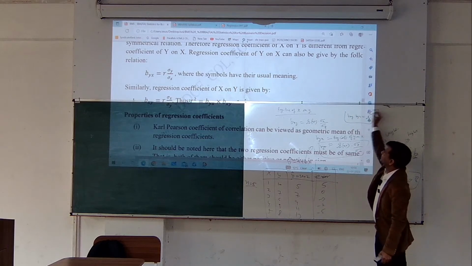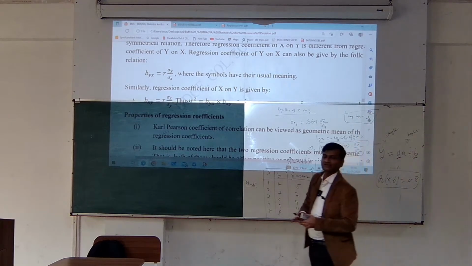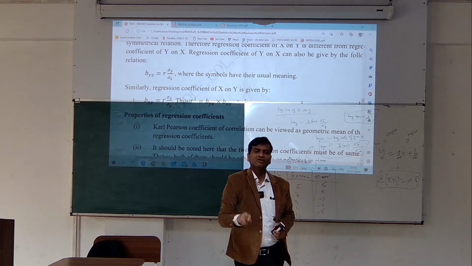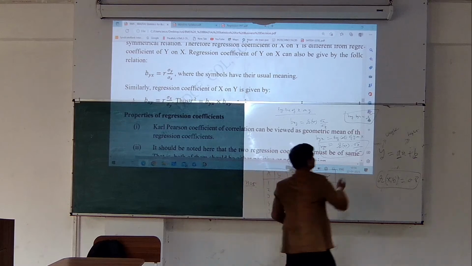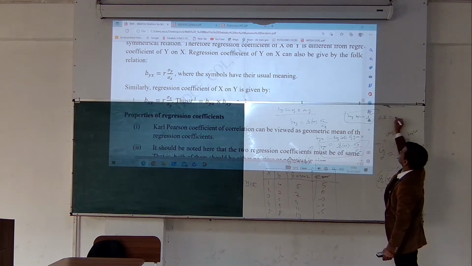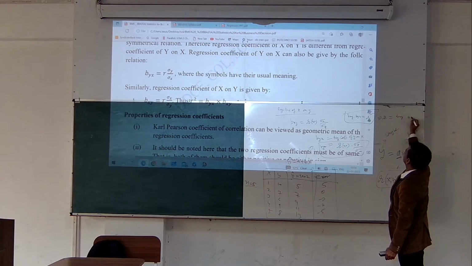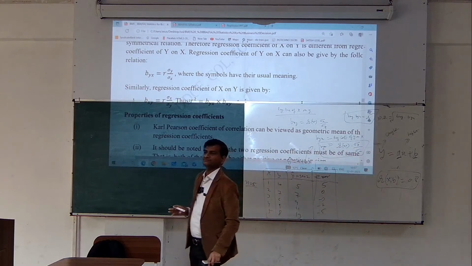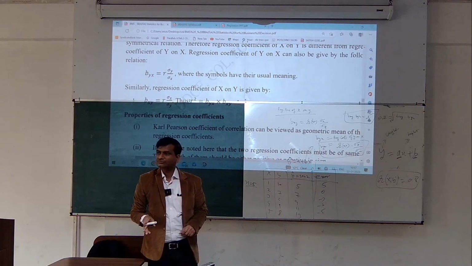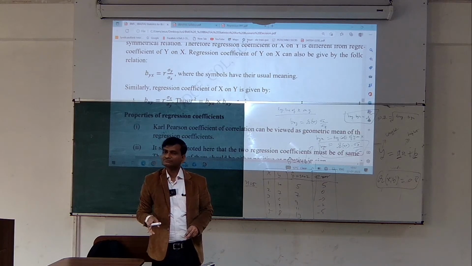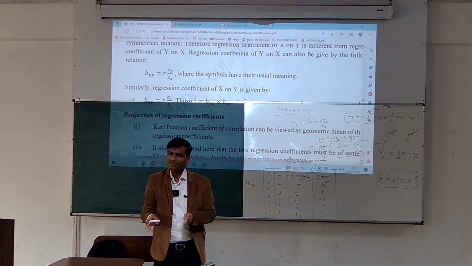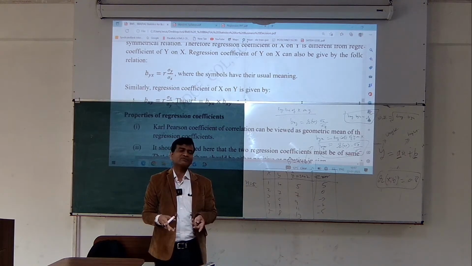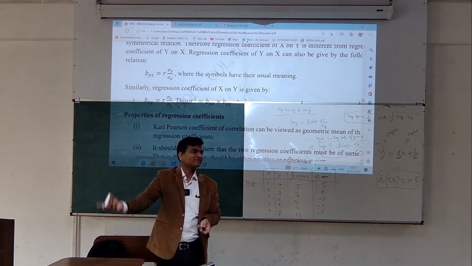So this is a relationship between the two regression coefficients. The correlation coefficient is the geometric mean of the regression coefficients, because r is equal to the square root of bxy into byx. Or the square of the correlation coefficient is equal to the product of the regression coefficients.